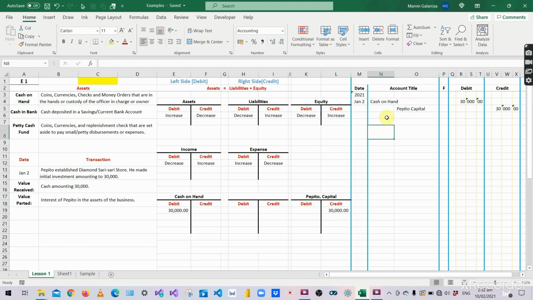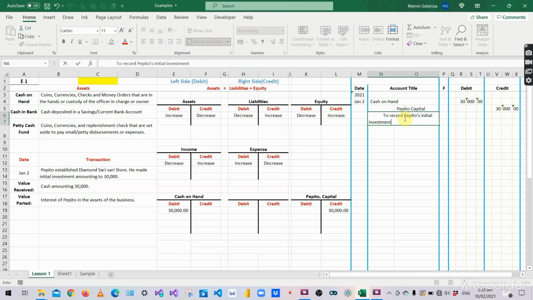Then, wag mo kakalimutan yung description. To record Pepito's initial investment in Diamond Sari-Sari Store.